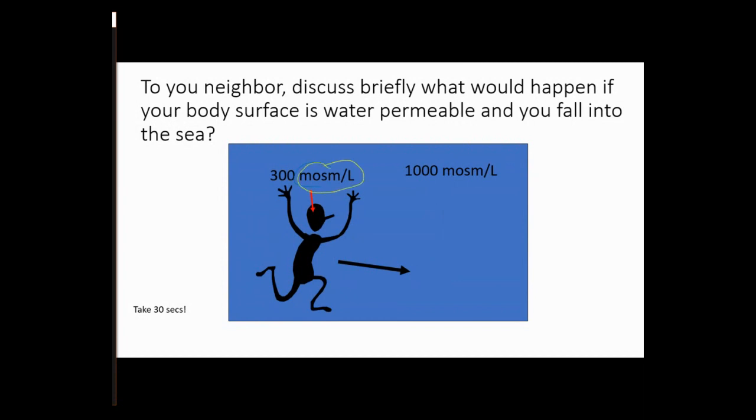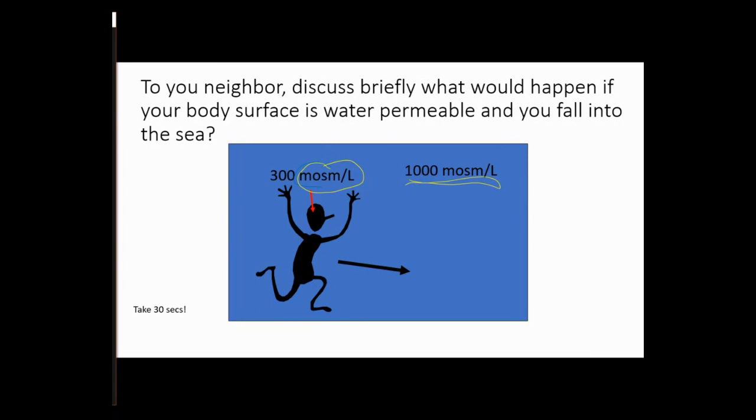These units are just saying that is the concentration, right? So what I'm saying here is my body has 300 units of salt per liter, and I'm living in a solution, this blue space, like let's say the ocean, and the ocean has 1,000 units of salt per liter.